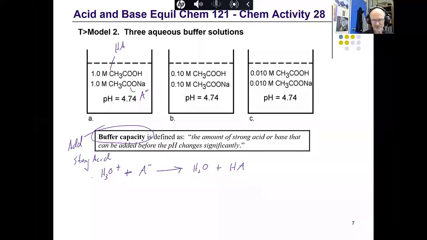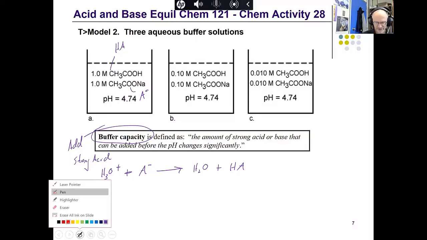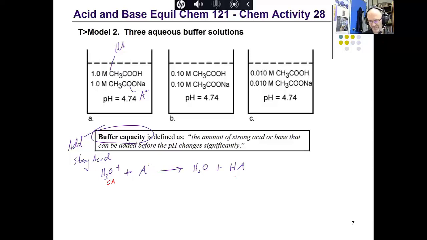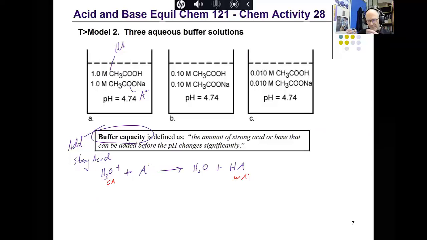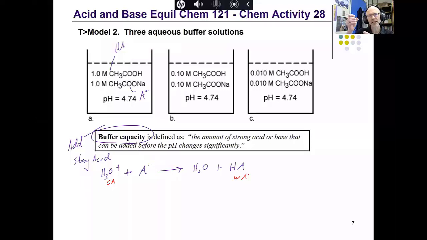Can you see that essentially we added some strong acid, and the buffer is going to take that strong acid and convert it to some weak acid. And what's going to happen to the ratio of our conjugate acid, conjugate base in the buffer is the weak acid's concentration is going to go up a little bit in using up some of the hydronium ion.